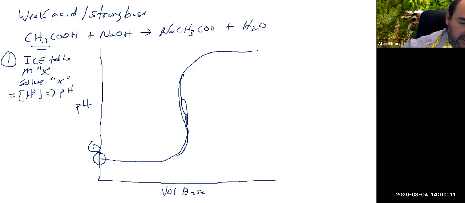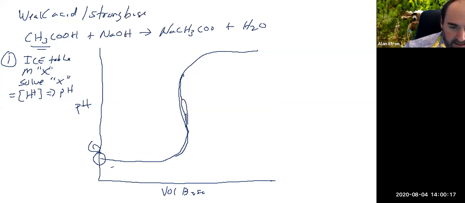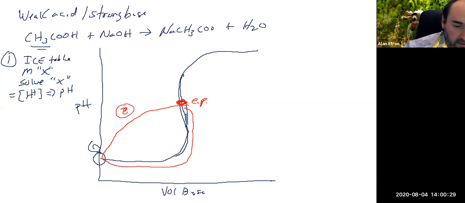Now, once we start this titration and head towards the equivalence point, I'll just mark my equivalence point there. Anywhere from the start of the titration to before the equivalence point, we have a similar thing as the previous one. You need to do an ice table for that reaction because we're now adding base, and it needs to be done in moles.